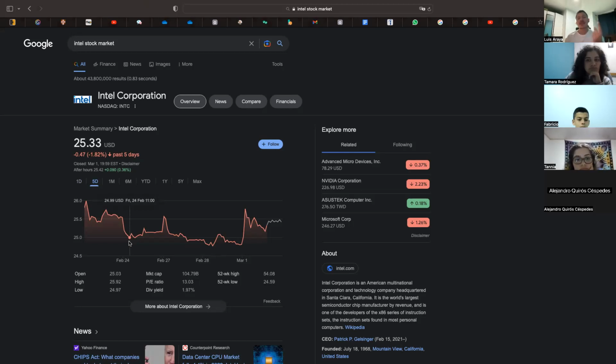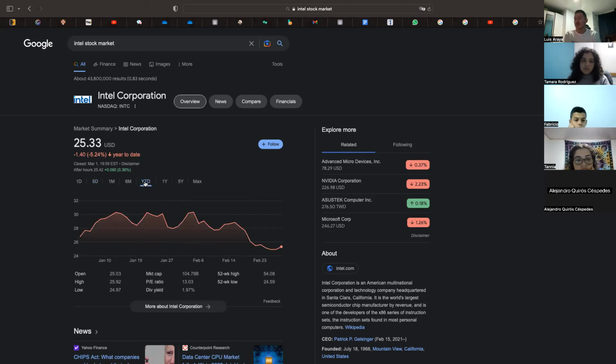So if you had 100 shares, you lost $100 because you lost $1 per each one of them. Then it increased a little bit to 25.57. So you were getting back what you lost, but then you lost it again. And it goes like this. You see here, it was really bad. It was at 24.81, but then something happened and it increased to almost the same amount.